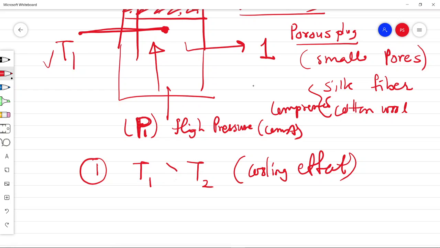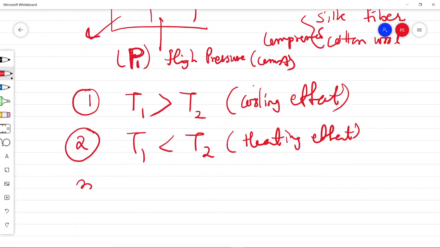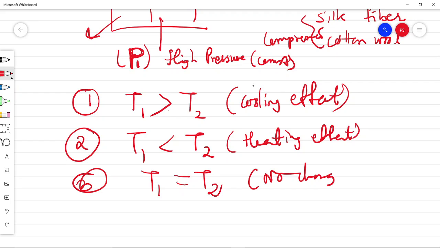If T1 is larger than T2, the temperature here is larger than the temperature above, then we get a cooling effect. Or T1 is smaller than T2, that is the initial temperature in region 1 is lower than the temperature in region 2. Then we get heating of the gas or the heating effect. Or in some cases, it was observed that T1 was the same as T2. So there is no change in temperature.